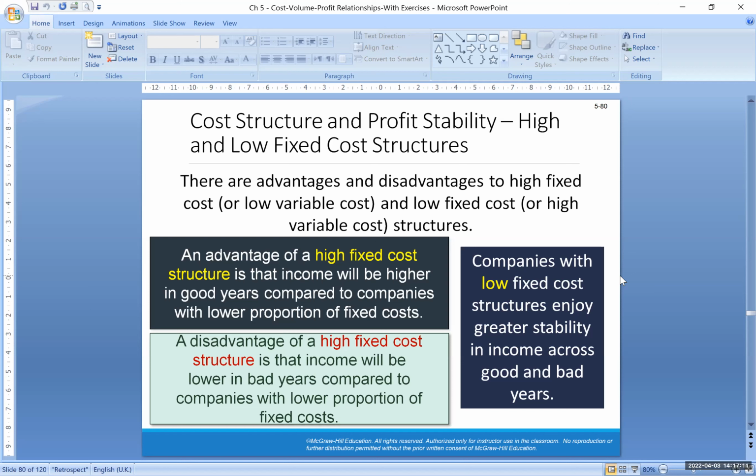Companies with low fixed cost structures enjoy greater stability in income across good and bad years. Not so important.